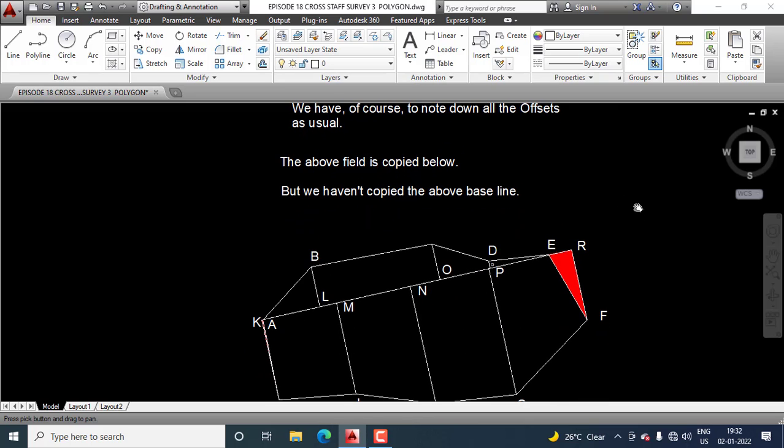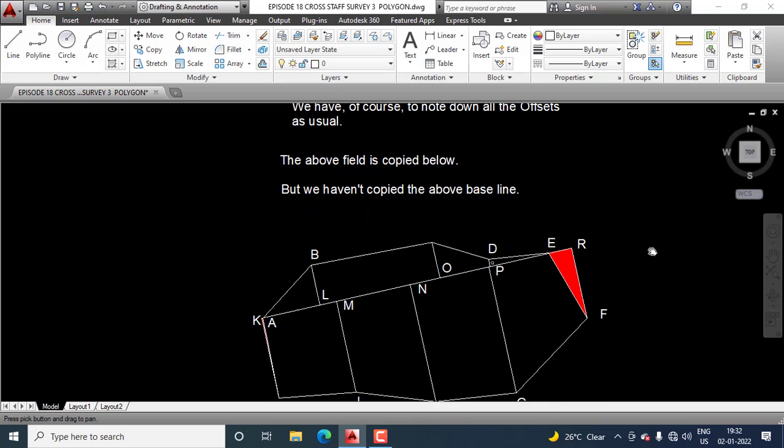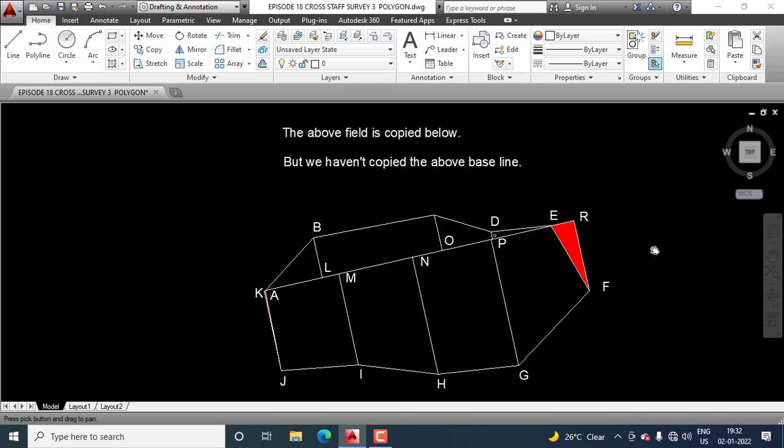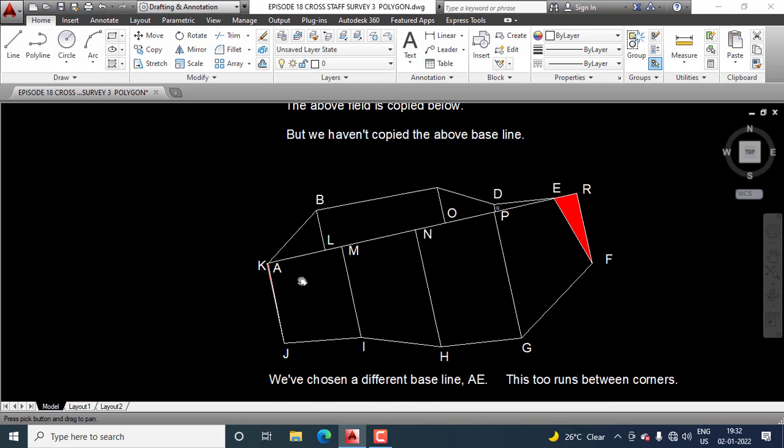The above field is copied below, but we haven't copied the above baseline. Previously the baseline was AF, but here we have chosen a baseline KE.